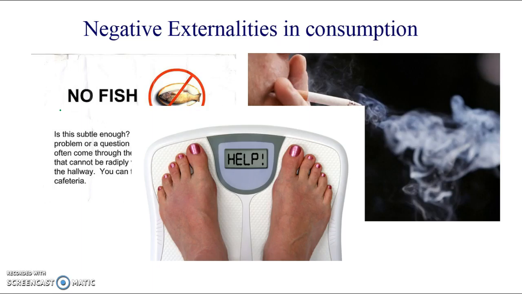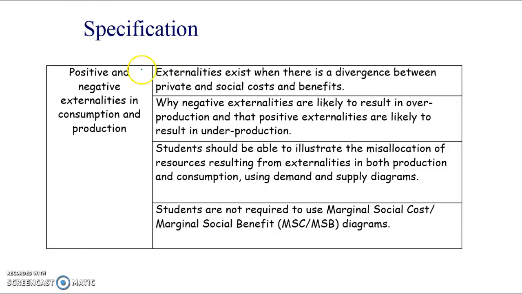And a growing problem in this country and most developed countries around the world is obesity and the effect on people's health, but that would be actually a private cost, but it's the cost to the NHS as well of increased healthcare costs and such. So externalities costs, when there's a divergence between the private and social costs and benefits.